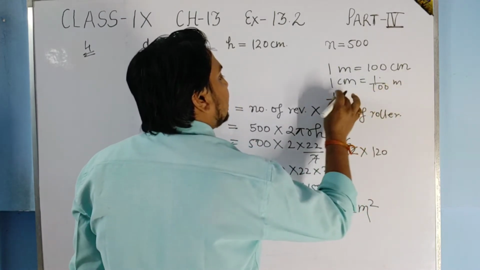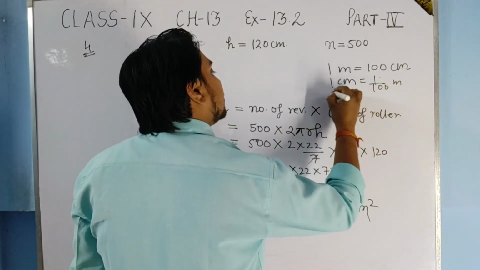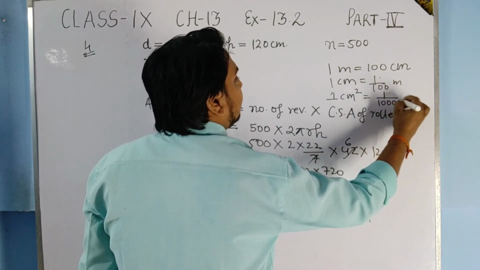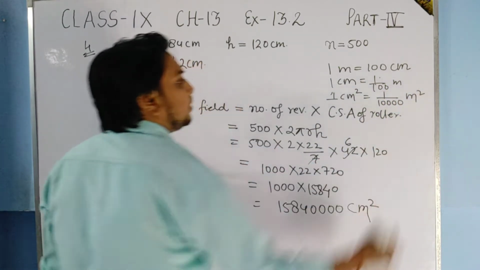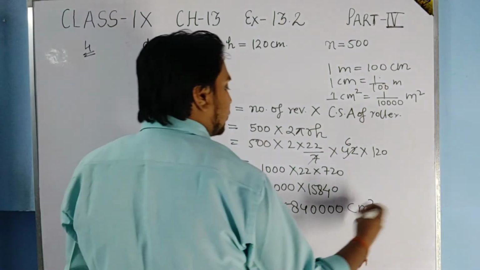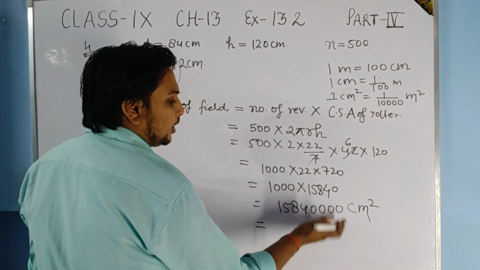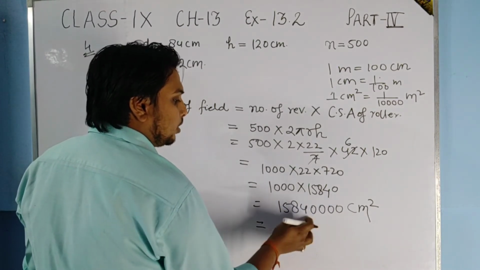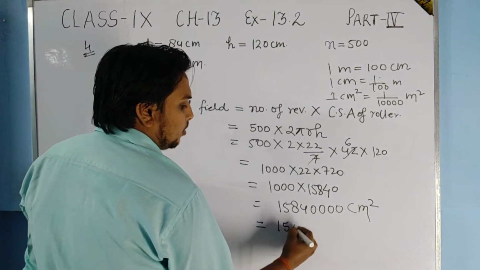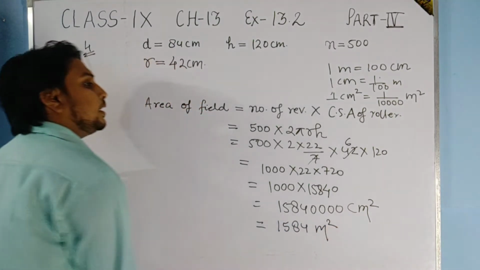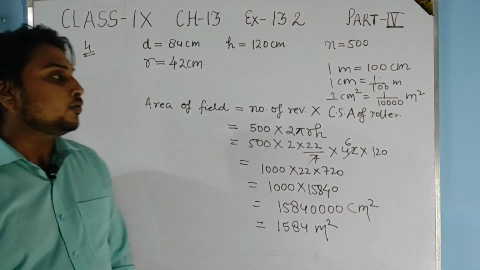So 1 centimeter square will be 1 upon 100 into 1 upon 100, means 1 upon 10,000 meter square. So if we want to change this centimeter square into meter square, we have to divide it by 10,000. When you divide it by 10,000, all the zeros will be cancelled out. Only 1584 meter square is left, and that will be the area of the field.